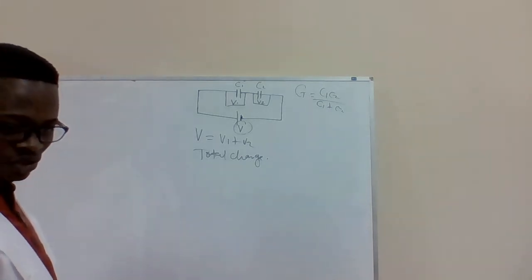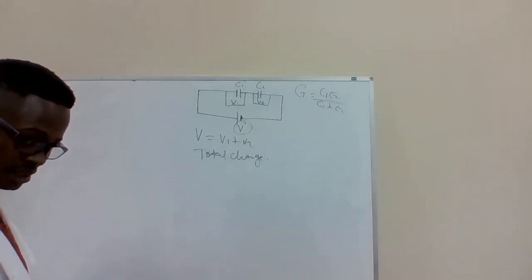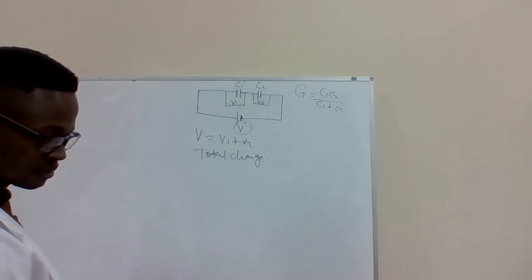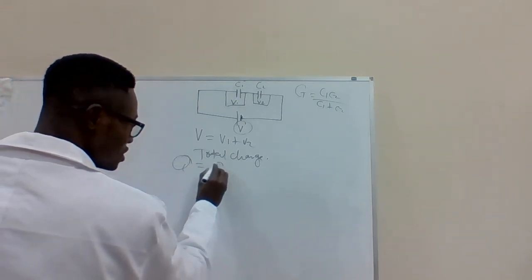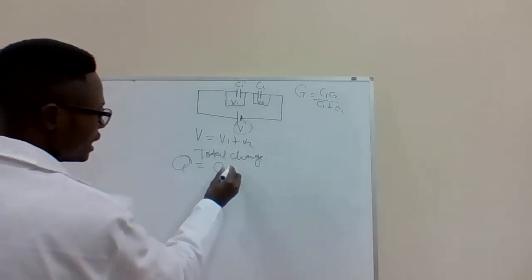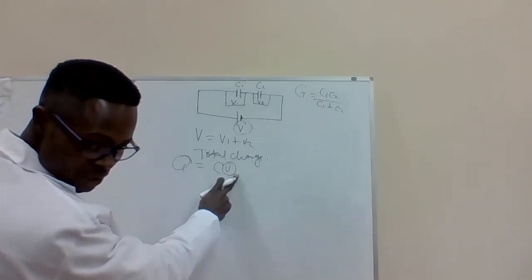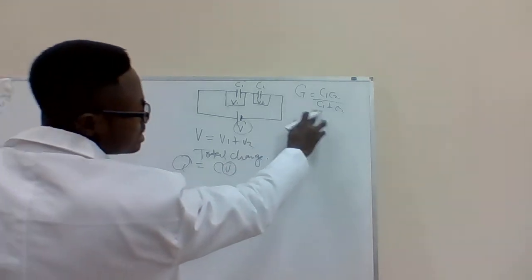To get our total charge, we are using the formula Q is equal to CV. But remember, we are going to make V the subject of the formula in order to find C total.